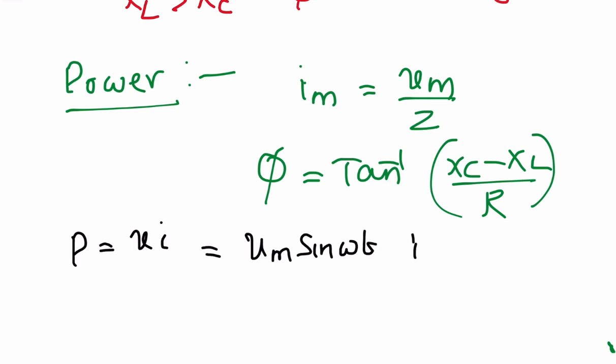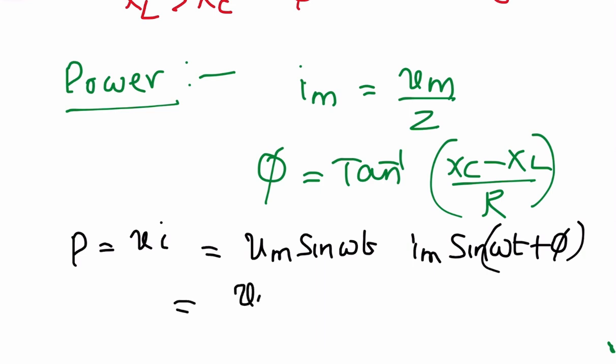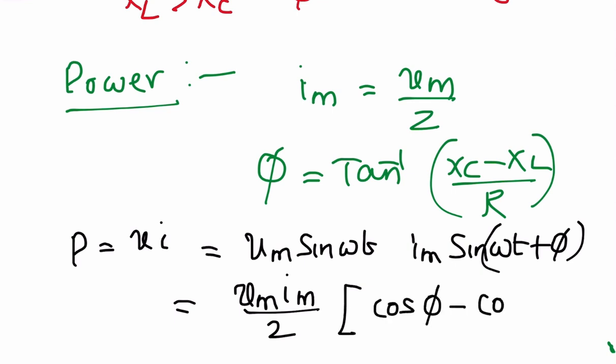Then on simplifying using trigonometrical functions, finally we will get Vm Im by 2 into cos phi minus cos of 2 omega t plus phi. So this is the equation you get once you simplify.